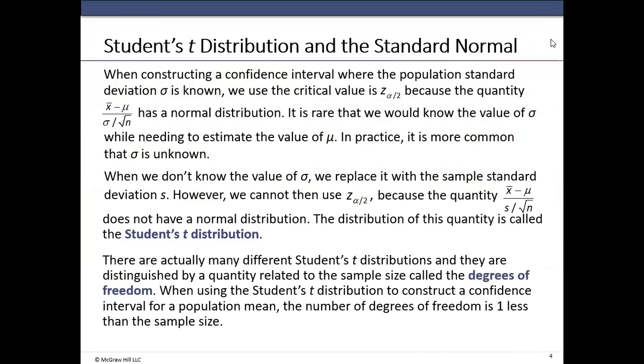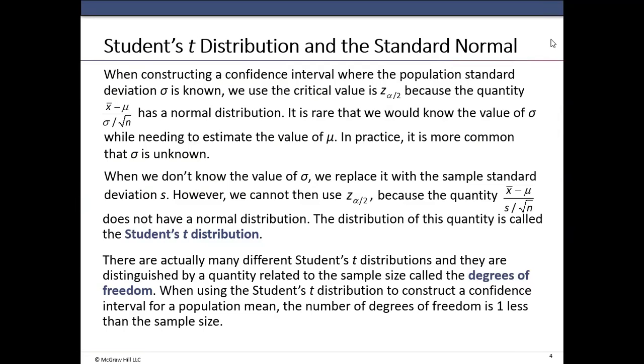When constructing a confidence interval where the population standard deviation sigma is known, we use the critical value of z alpha by 2, because the quantity x bar minus mu divided by sigma divided by square root of n has a normal distribution. Actually, what exactly is this?